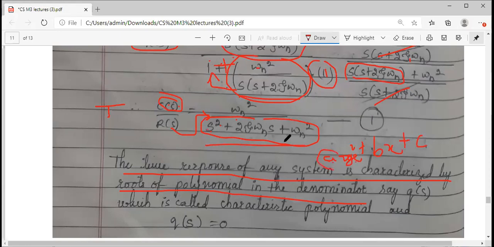What is a here? A is 1. S का coefficient 1 है. What is b here? It is 2 zeta omega n and c is omega n square completely. So ये जो denominator में है, this is one polynomial and इसके roots को अगर आप find करोगे तो denominator में आपको factors मिलेंगे. Then you can easily go for partial fractions.